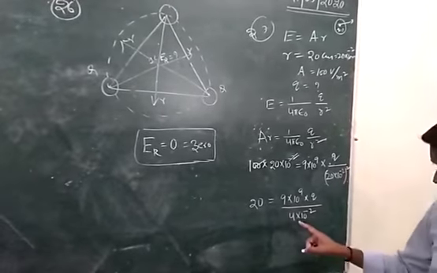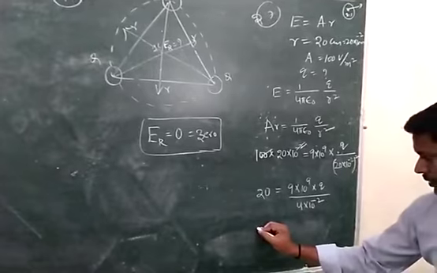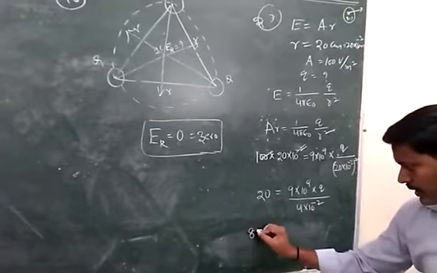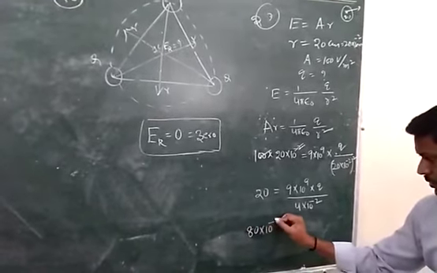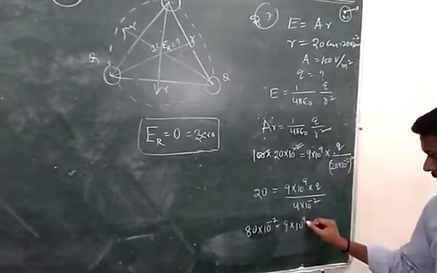After simplifying, we send it to the left side: 80 into 10 to the power of minus 2 is equal to 9 into 10 to the power of 9 into q.